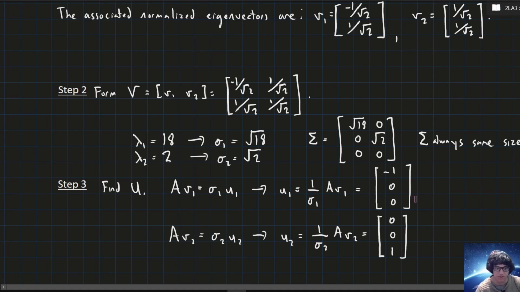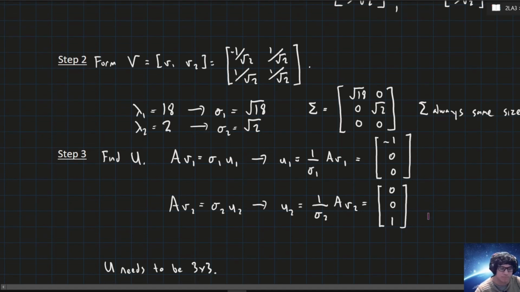And if you work it out, you get that U1 equals this. And then similarly, U2 equals this. These two are already normalized, so I don't need to normalize them. And they will always be orthogonal just by this construction.